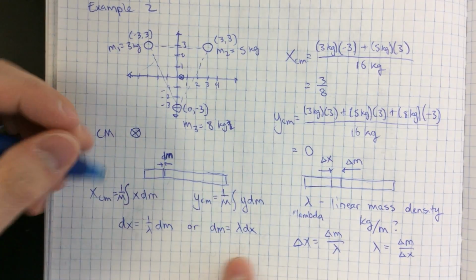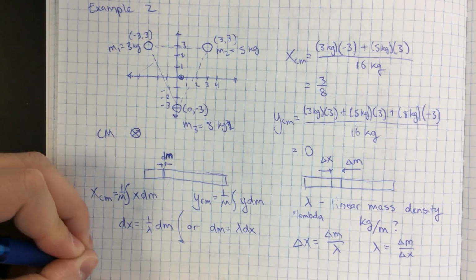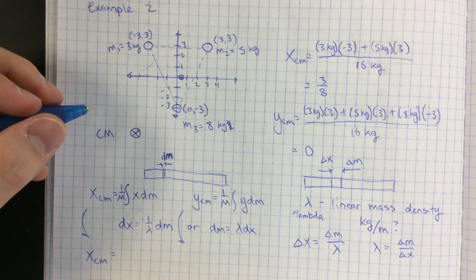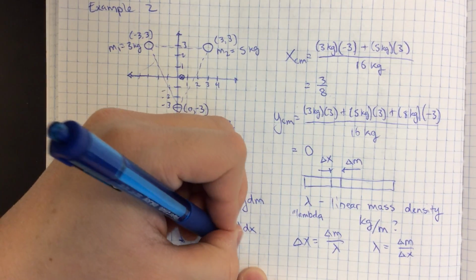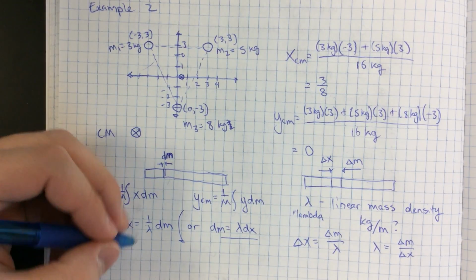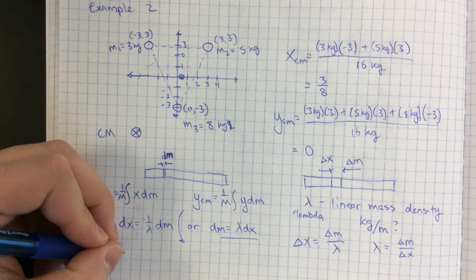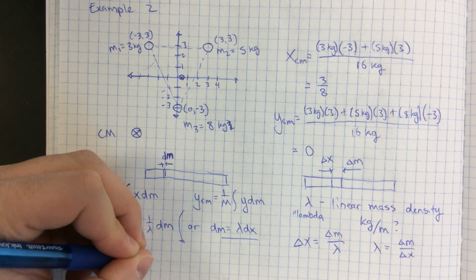Okay, so what does that mean? That means we can take these and substitute my dm for the dm's. So you'll have lambda over m x dx.